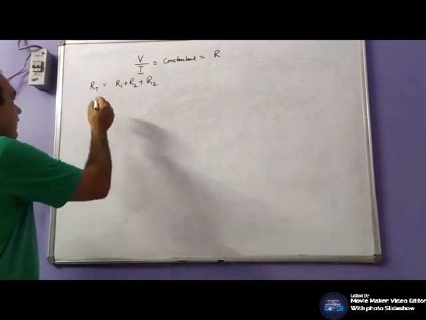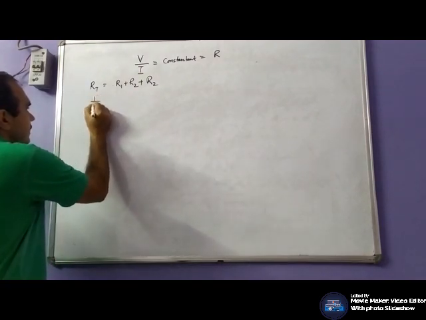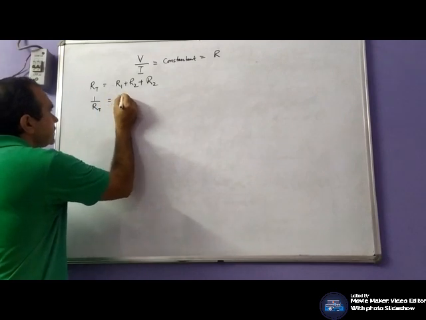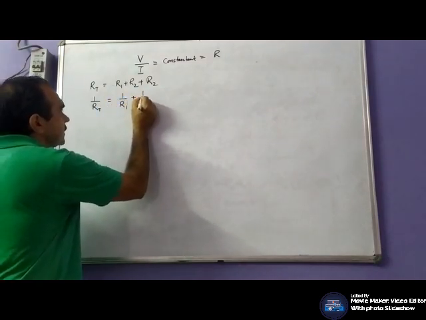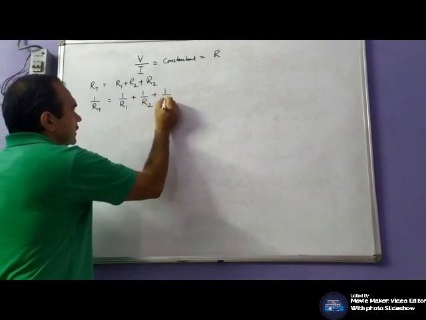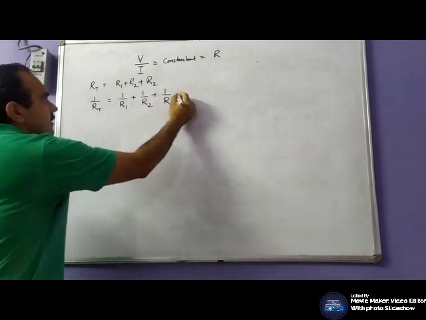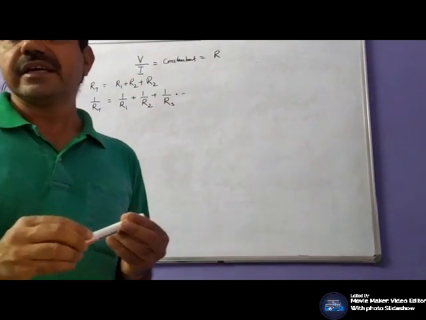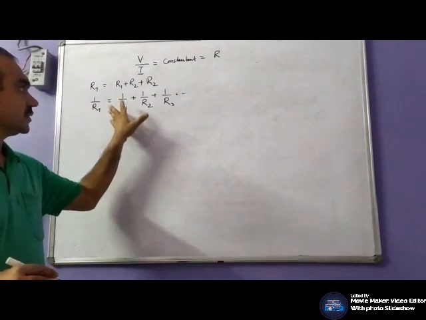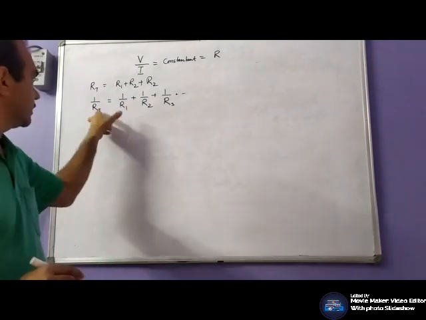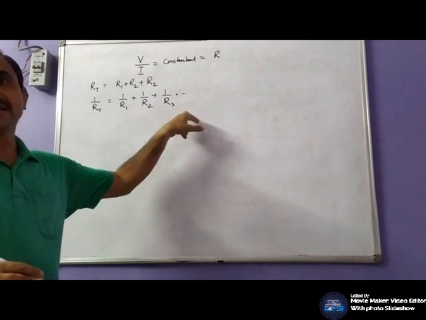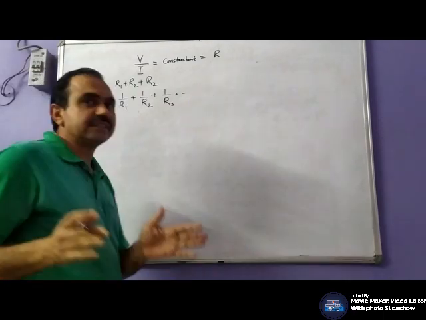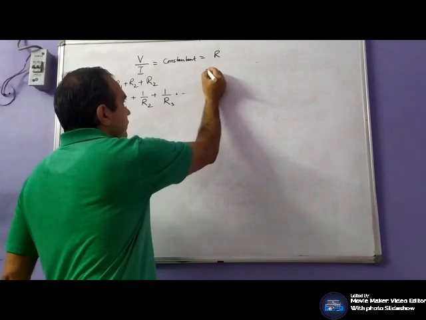And if the resistances are connected in parallel, we discussed that the reciprocal of the equivalent resistance is the sum of the reciprocals of their resistances.